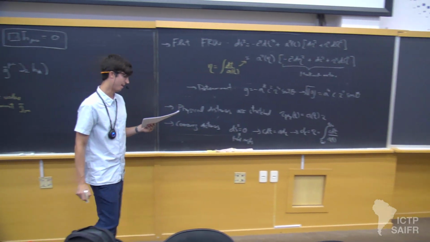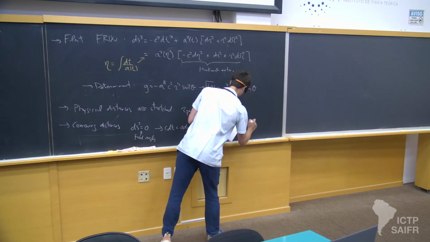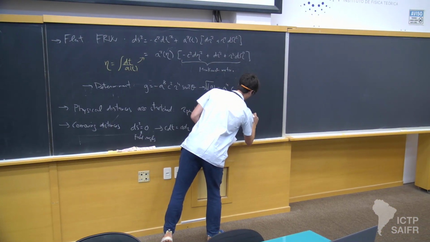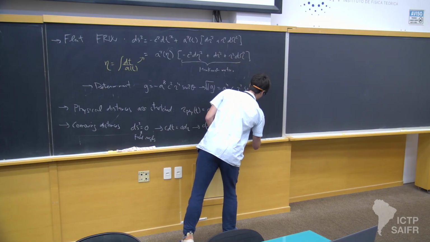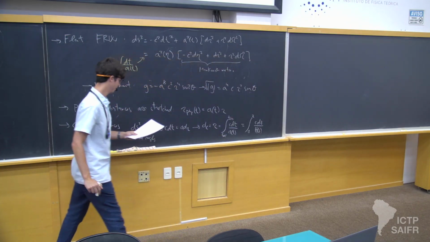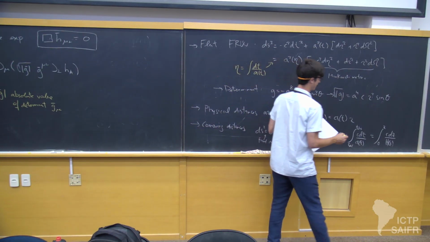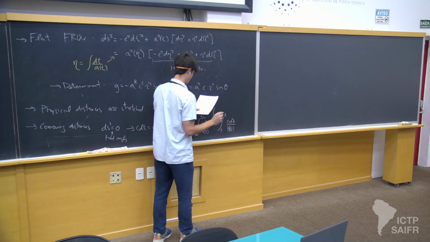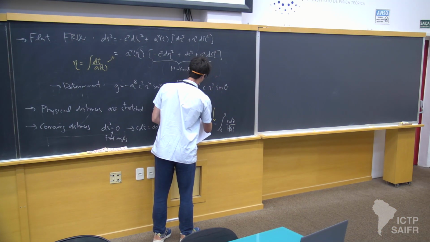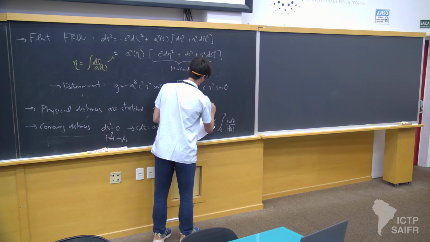And then this we can rewrite in terms of redshift in the following way, an expression similar to what we saw already in the slides. You need to change variables, so you are changing dt over a of t.